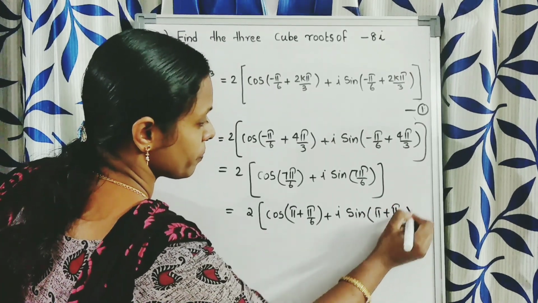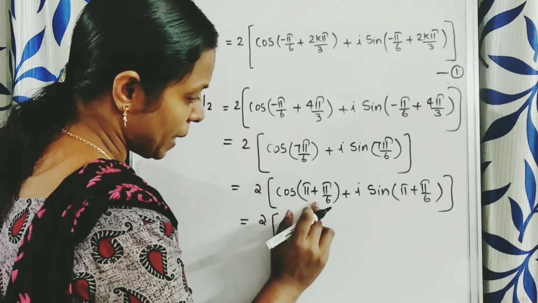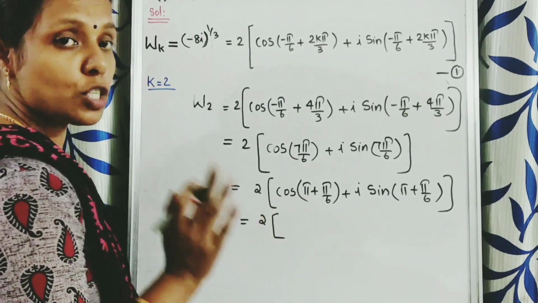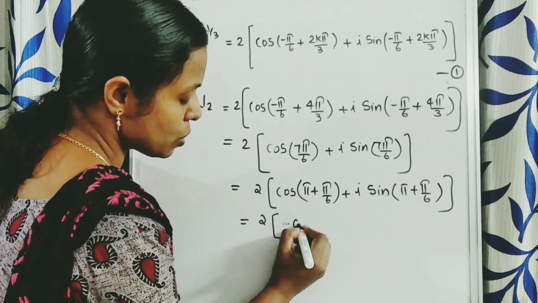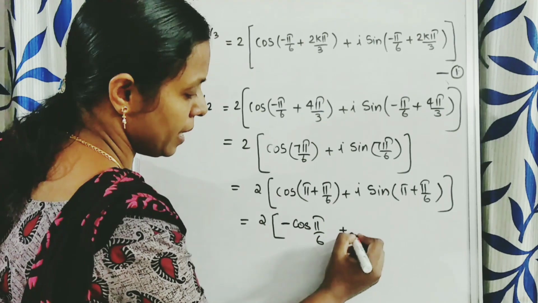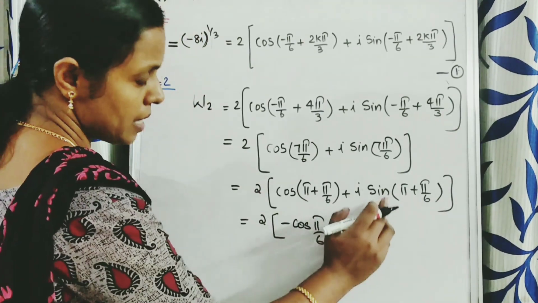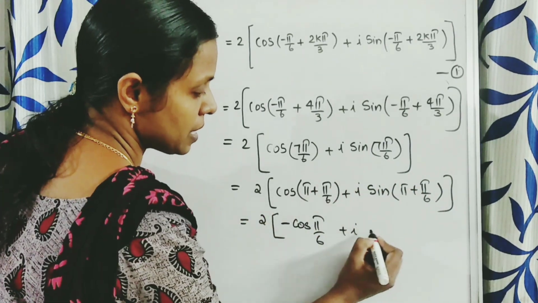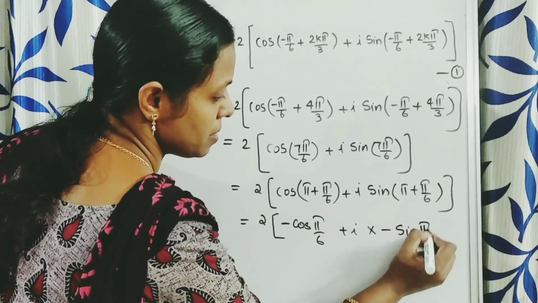That is equal to 2 into, here cos of pi plus theta is minus cos theta, here theta is pi by 6, we can write minus cos pi by 6, plus i into, here sine of pi plus theta is minus sine theta, that is we get here minus sine pi by 6.